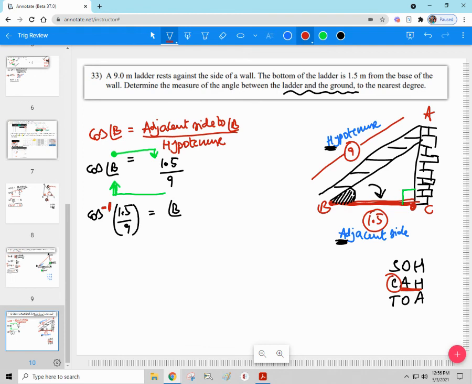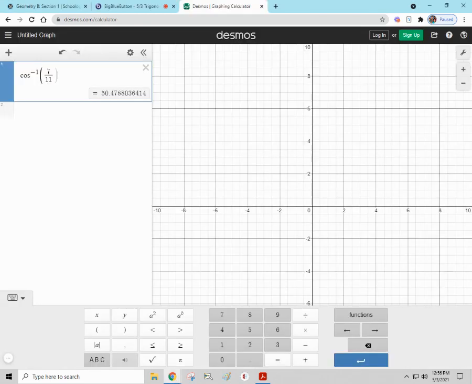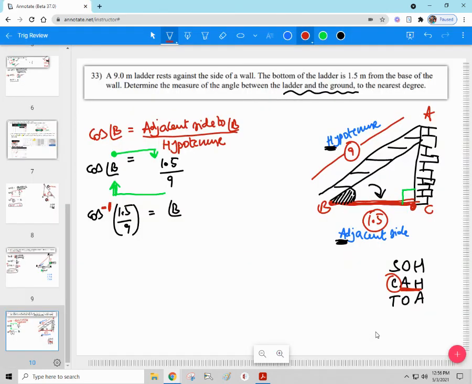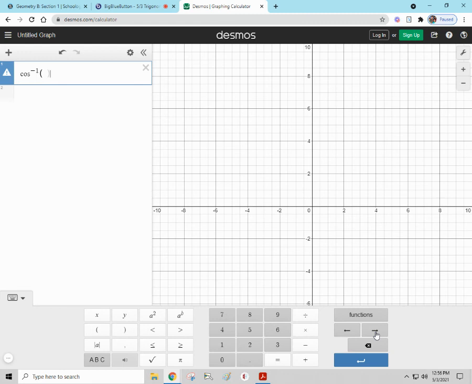Now to find this, you may use Desmos. In Desmos, let me clear this one. So cos, let me type. To type the exponent, you type a to the power of b, then -1, then use the right arrow key to come out of the exponent, and I see that 1.5 over 9 is the fraction.